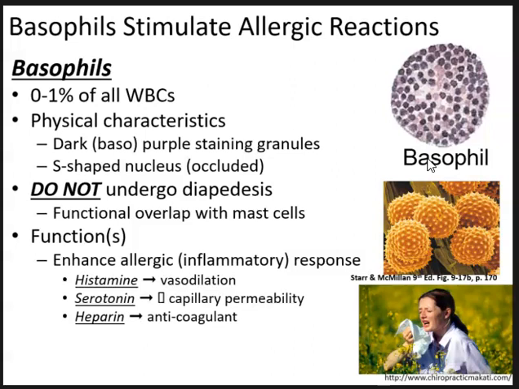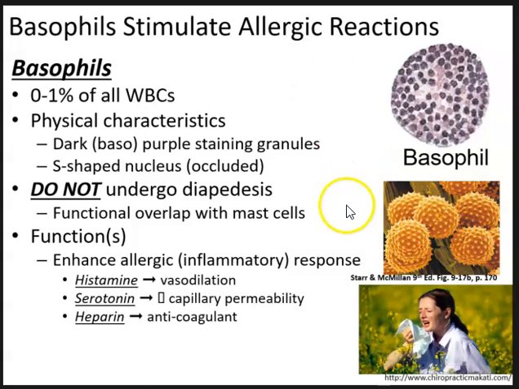So basophils do not have to leave the bloodstream. These cells will go to the area of inflammation by traveling within the blood vessels. So they'll go to the localized area of inflammation, and then they will help with that inflammatory response.